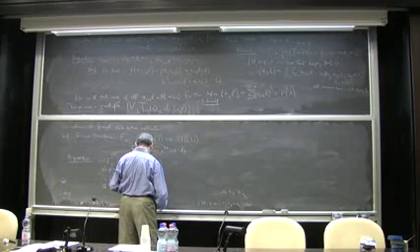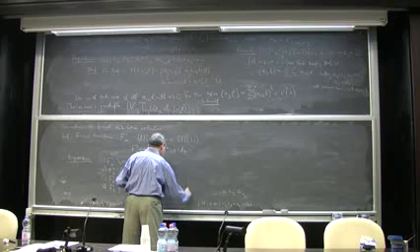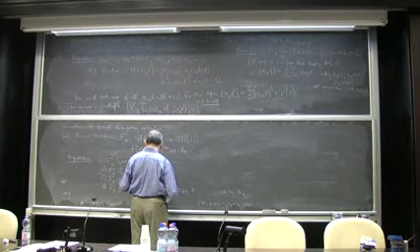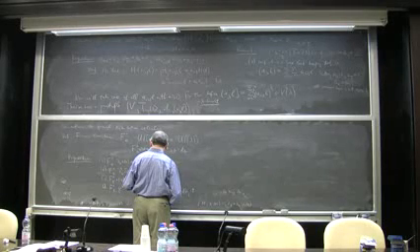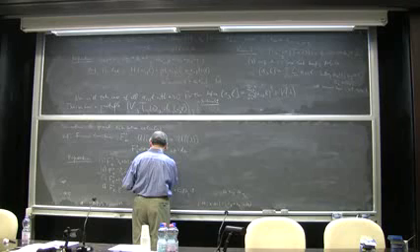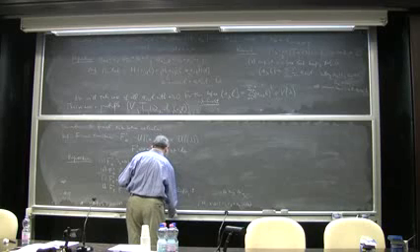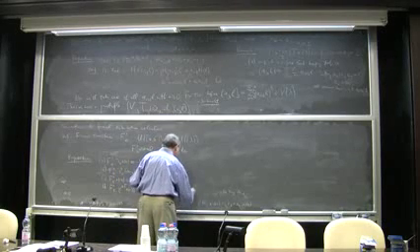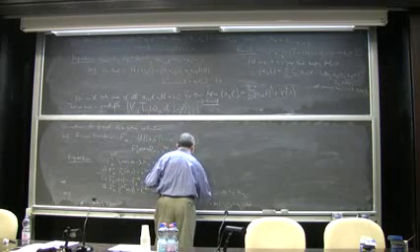Namely, if T is an endomorphism, and A(z) is not an arbitrary formal distribution, but actually a Laurent series.